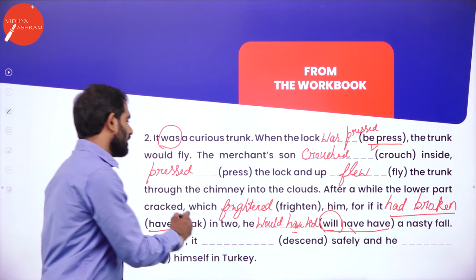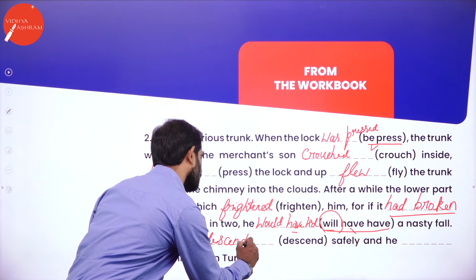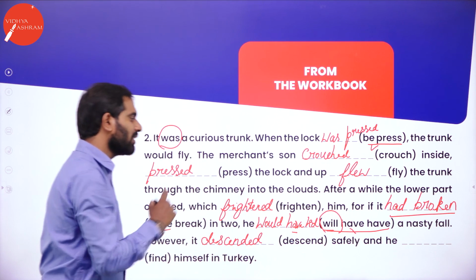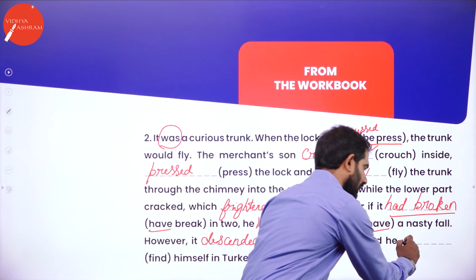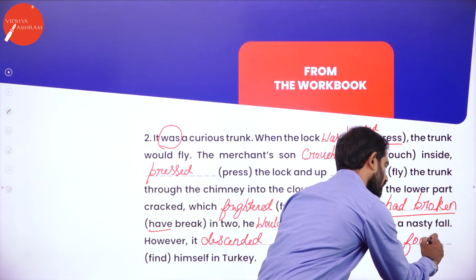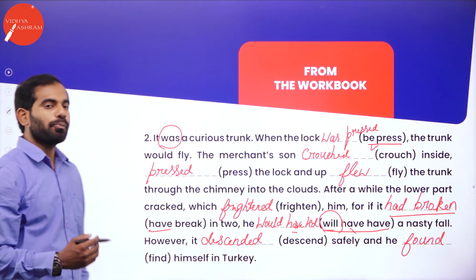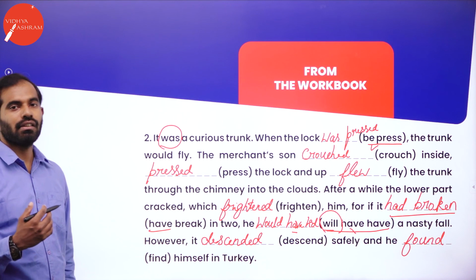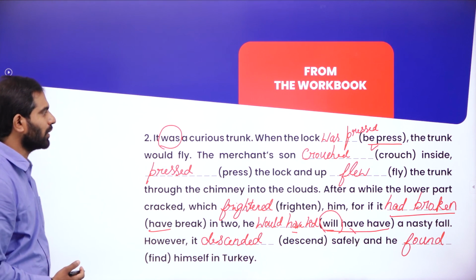However, it descended, it came down. It descended safely and he found himself in Turkey. So be clear, don't be in a hurry to attempt these kinds of questions in your examination.